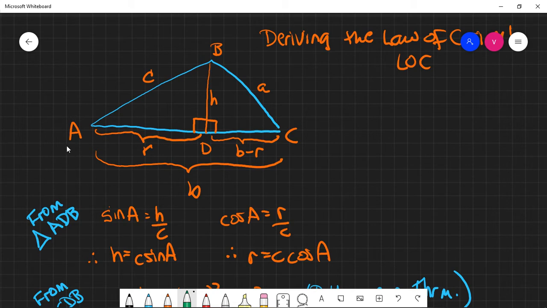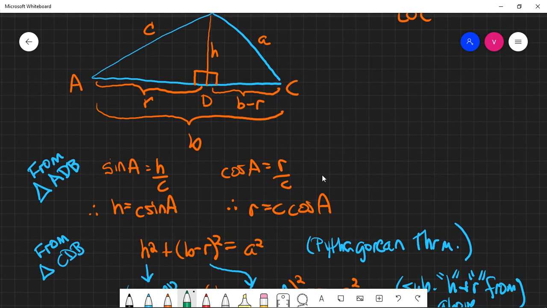If I take the sine of angle A, here's angle A, remember you're doing right triangles for SOHCAHTOA, so this is applicable now. The sine of angle A, opposite over hypotenuse, would be h over c. The cosine of angle A is adjacent over hypotenuse, so r over c.